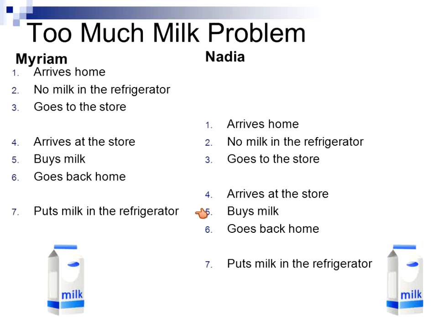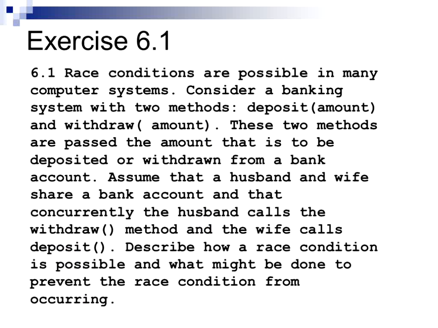So just depending on when Miriam and Nadia get scheduled on the CPU, the results will change. And that's called a race condition. I like this example. It's a classic example that's used in computer science to explain what a race condition is.